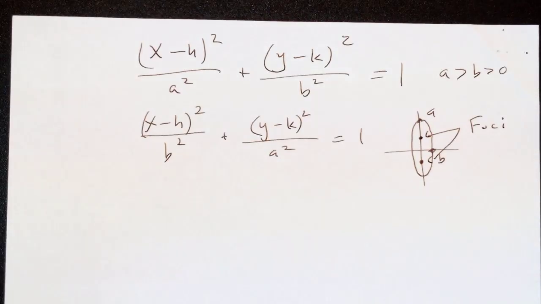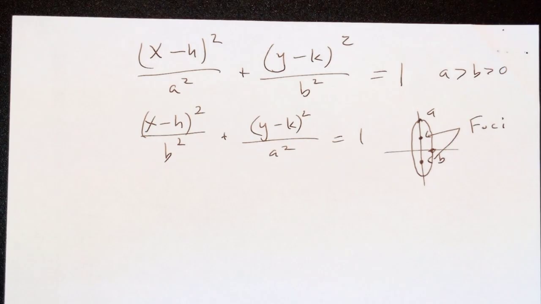And it turns out that there's a very nice property for every ellipse. If you take any point on the ellipse and you measure the distance from the foci to that point and add those two distances together, you get the same number every time.